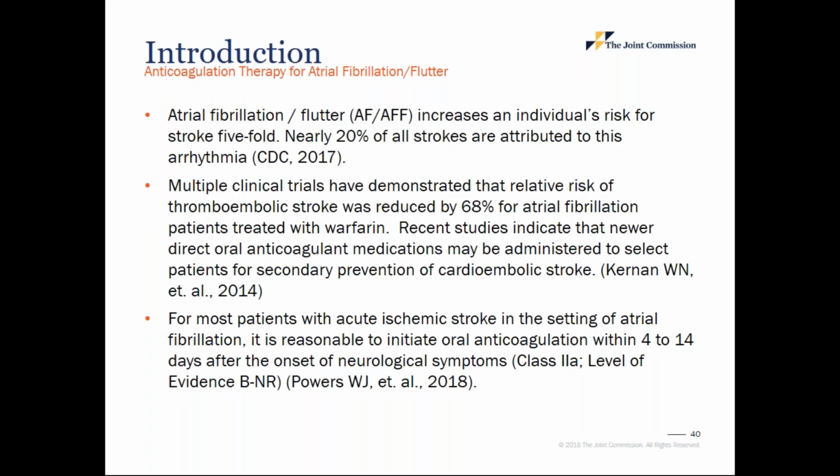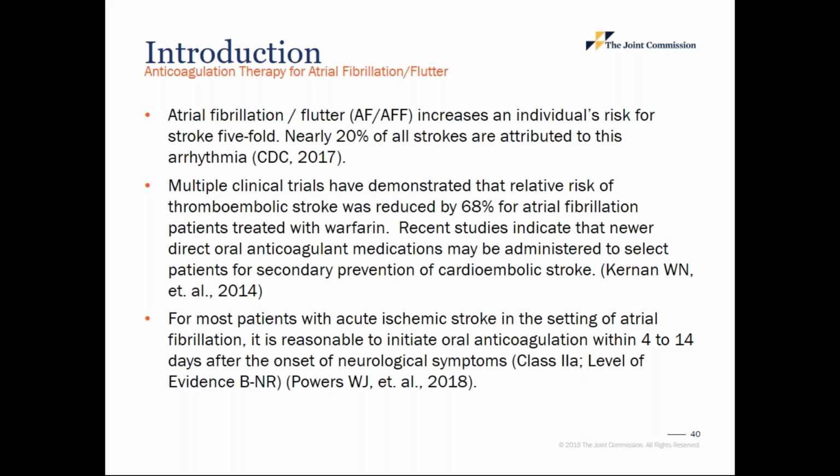Our next measure is stroke anticoagulation therapy for atrial fibrillation/flutter, which captures the percentage of ischemic stroke patients with documented Afib/flutter who are prescribed anticoagulation therapy at hospital discharge. Atrial fib affects over 2.7 million Americans and becomes more prevalent with age, ranking as the leading cardiac arrhythmia in the elderly.